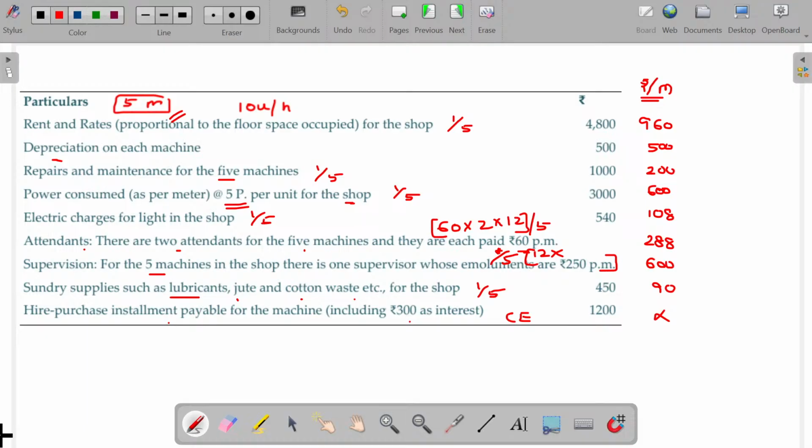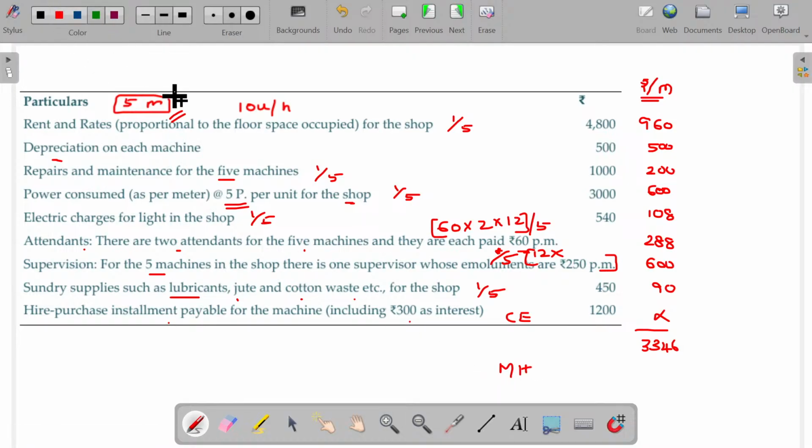Is that okay? Find out the total cost. 3,346. Now, what about the machine hours?